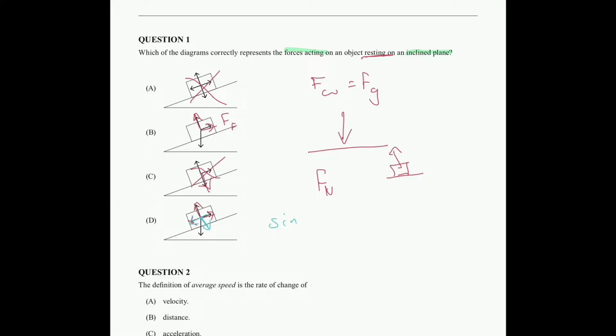So the first arrow, this one here, is sine theta multiplied by your force W, and the other blue pointing downwards, that second one could be sine theta, or sorry, cosine theta times your force W. So what you're doing is essentially breaking it up into its different components. Now, my answer for that one would be B.